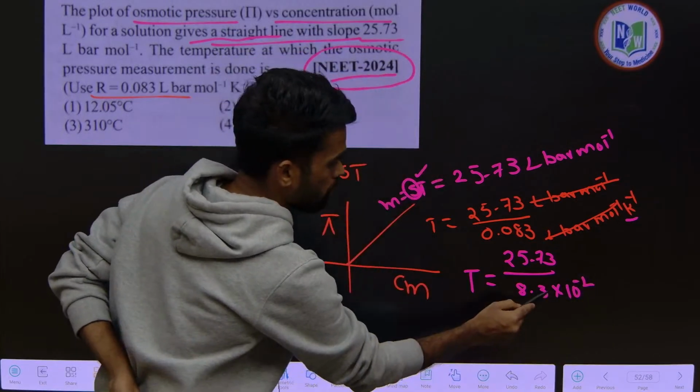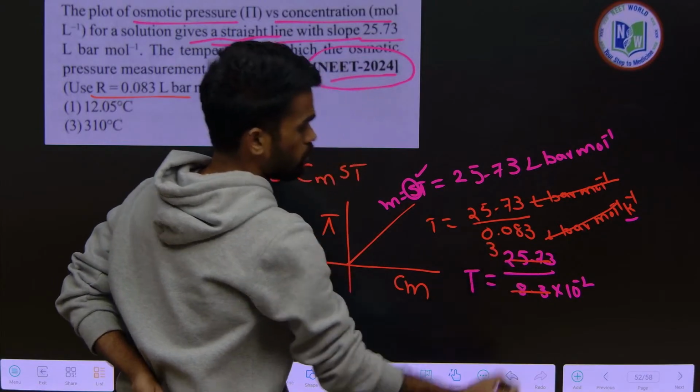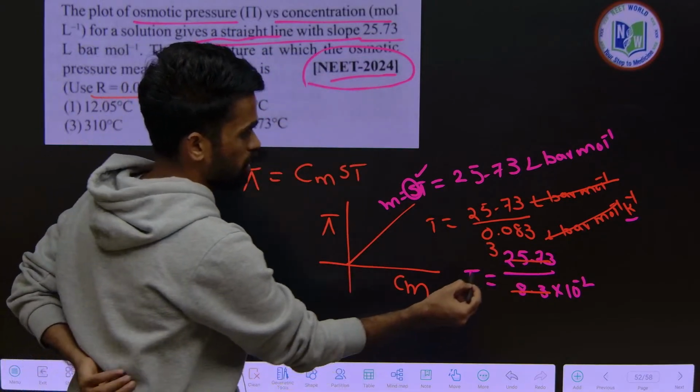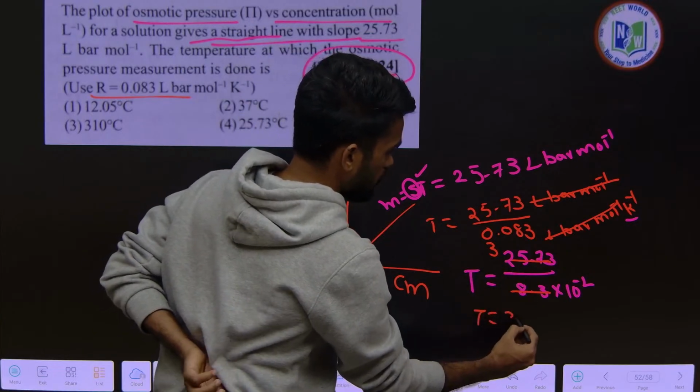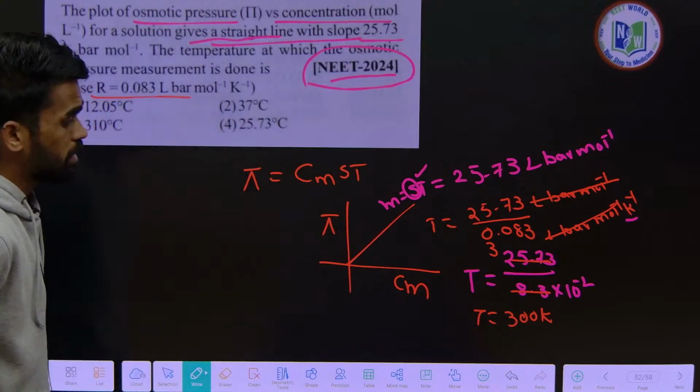It means our temperature will be around 300. I can write 300 Kelvin we got. So the temperature is around 300 Kelvin.